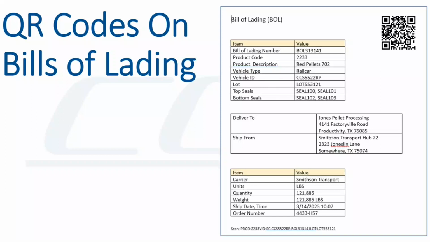We could encode additional data if needed, but these are the basics. The format of the encoding is important. If your supplier is already putting QR codes or other forms of barcodes on your BOLs, we can adapt that format, or we can specify the format.